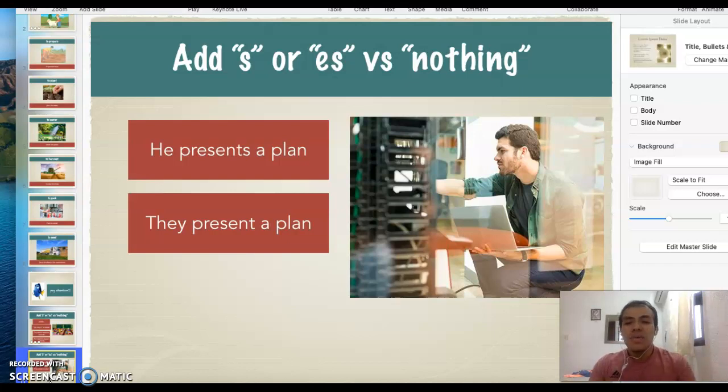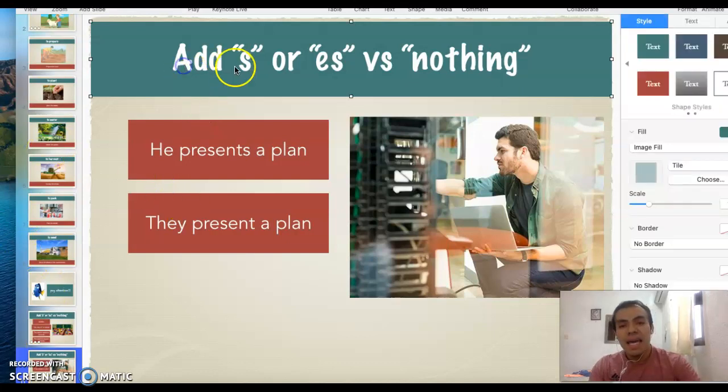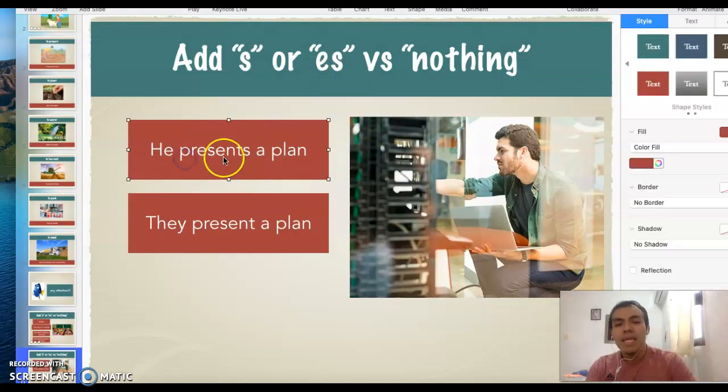Let's continue with this example, with the endings. Add S or es or nothing. Example, he presents a plan.